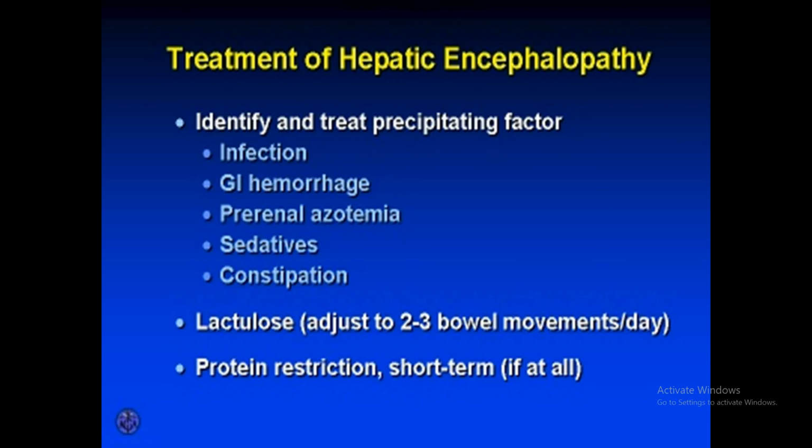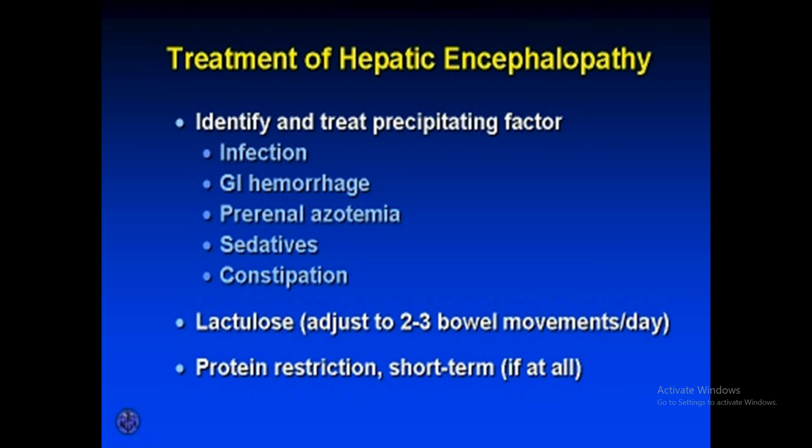The second thing which is very important is protein restriction. The protein should be restricted. Only 1 gram of protein per kilogram body weight is allowed in these patients, or less than that. I would say 500 milligrams per kilogram body weight, not more than that should be allowed.